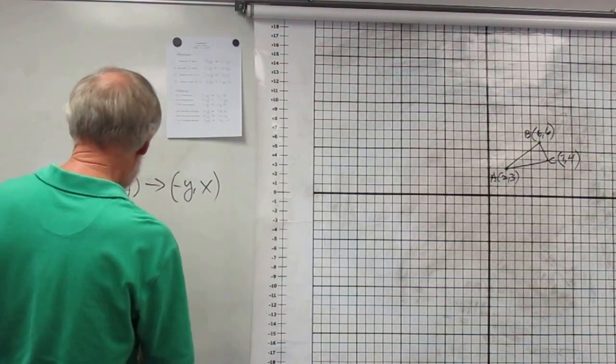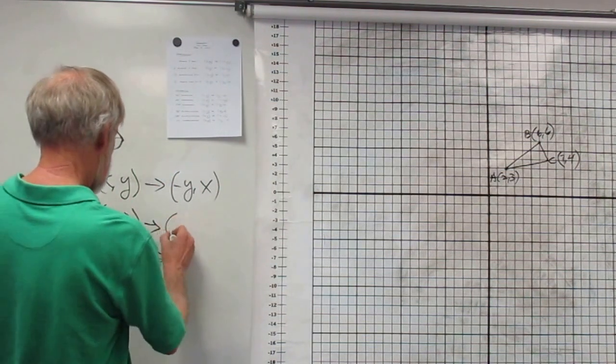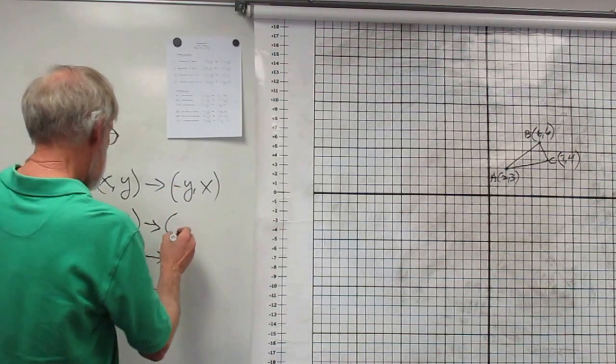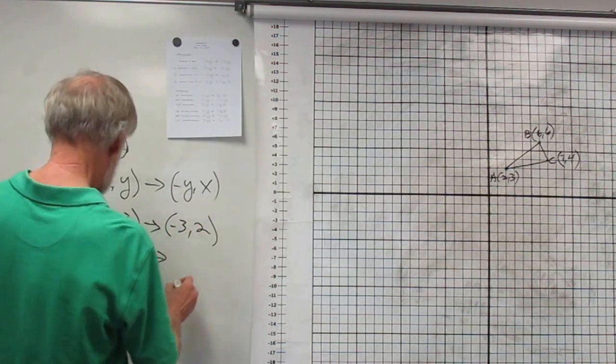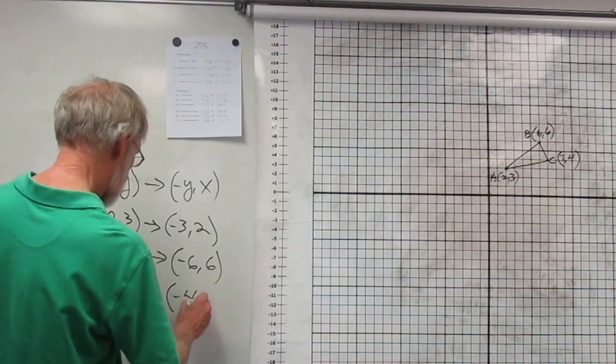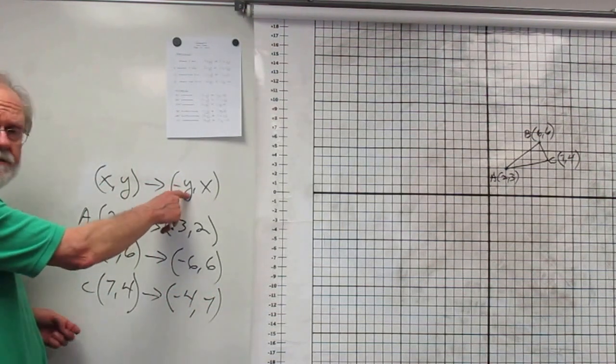So what I'm going to do is take this one, the 3 becomes negative and moves in front. So that's the y moving in front and changing signs. So it becomes negative 3, 2. This one becomes negative 6, 6. And this one becomes negative 4, 7. Okay? So the y's became negative and changed places.